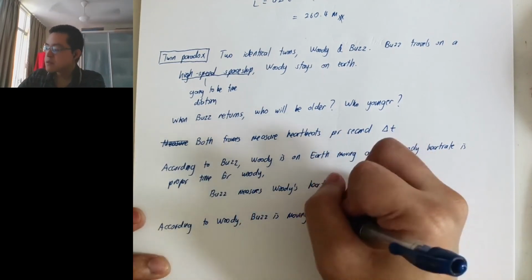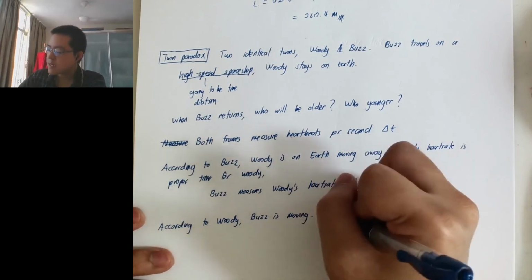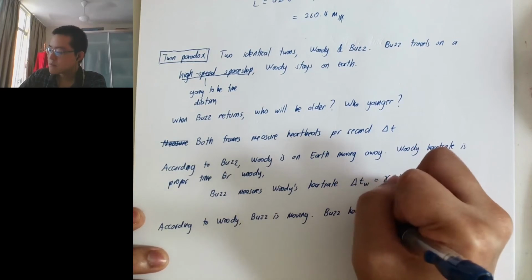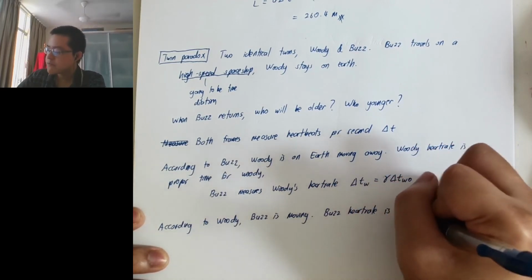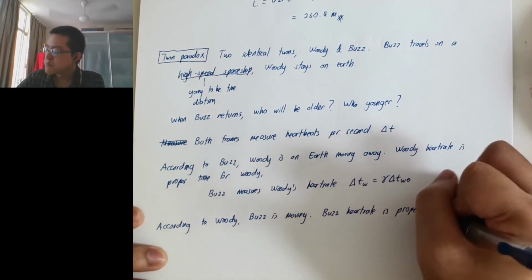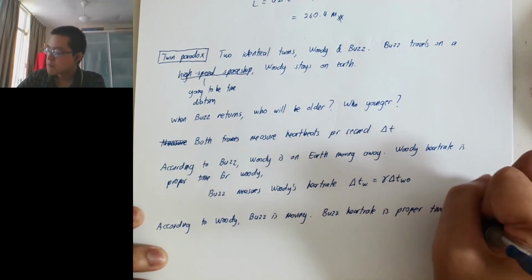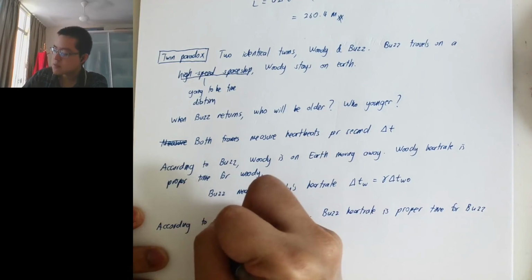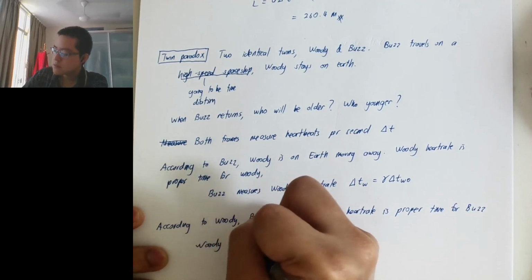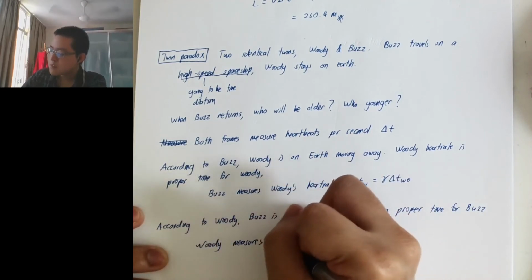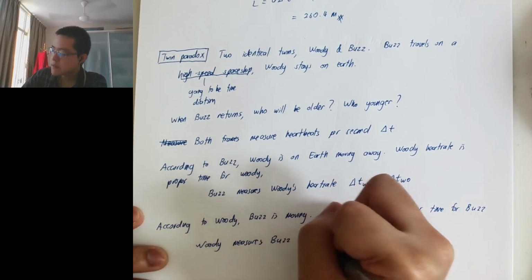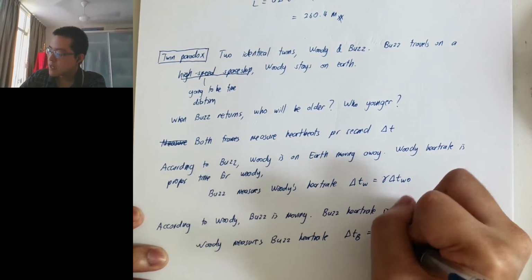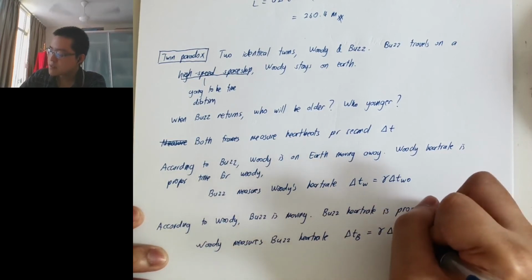Okay, so then Buzz's heart rate is the proper time for Buzz himself. So Woody measures Buzz's heart rate delta t to be gamma delta t Buzz.